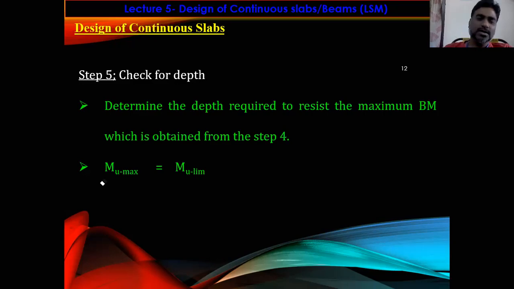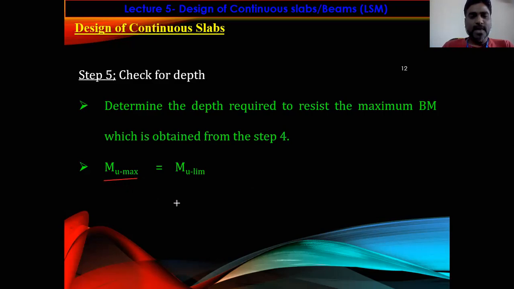So for that, you identify the maximum bending moment, because we have calculated the span moments and support moments separately. So from that you can determine the maximum bending moment.